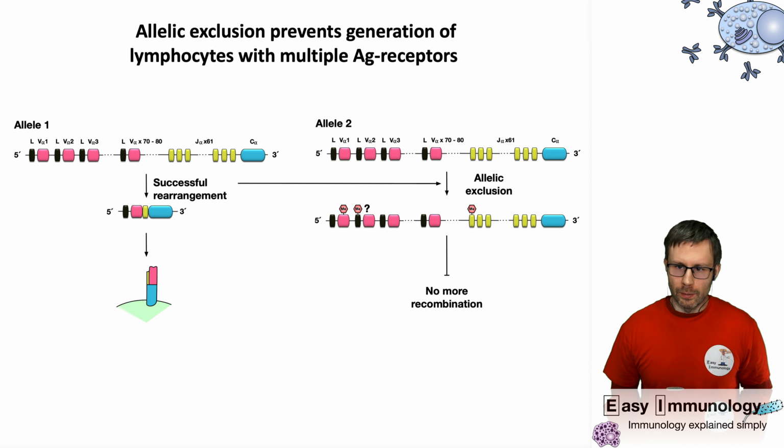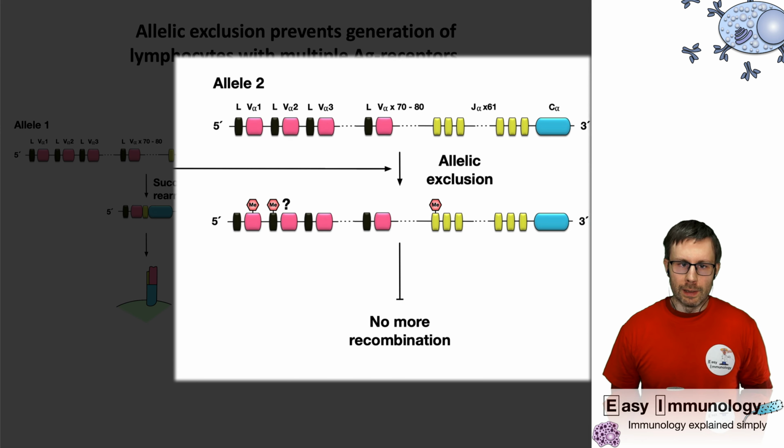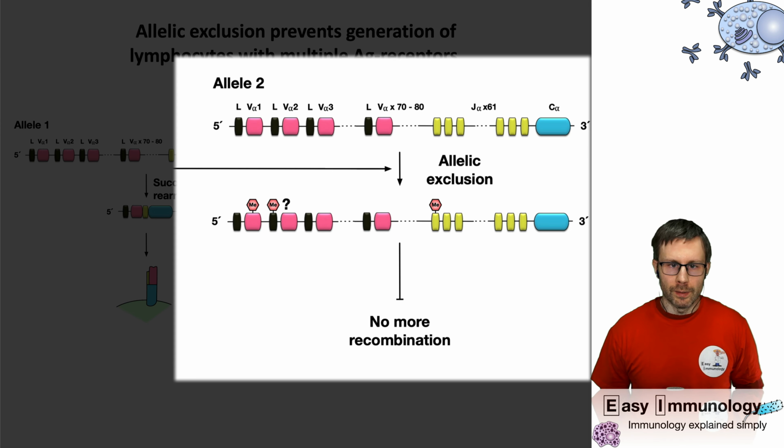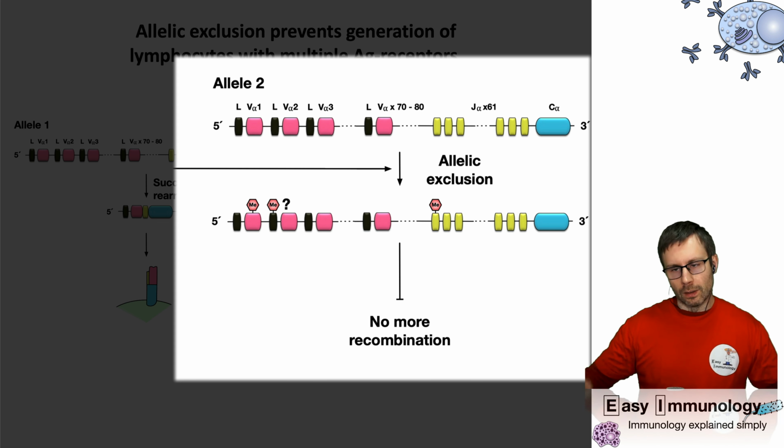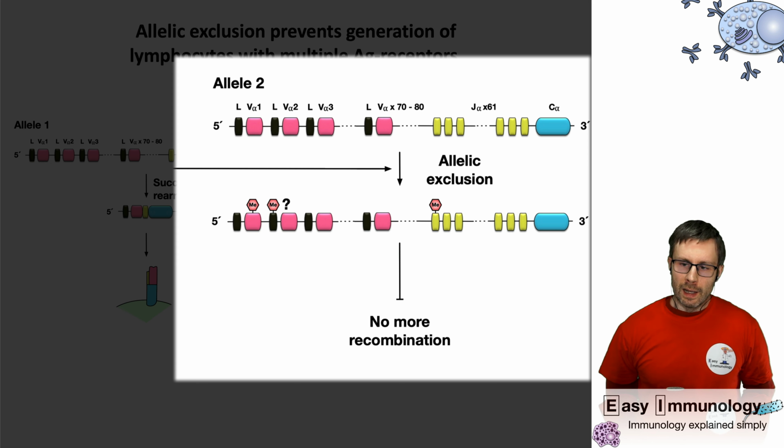So it's not completely understood, but it was shown that, for example, the leader sequences and Dv alpha sequences are highly methylated afterwards. And this just prevents, for example, the binding of these RAG molecules, and this then prevents that a second variant of a T-cell receptor is put together.